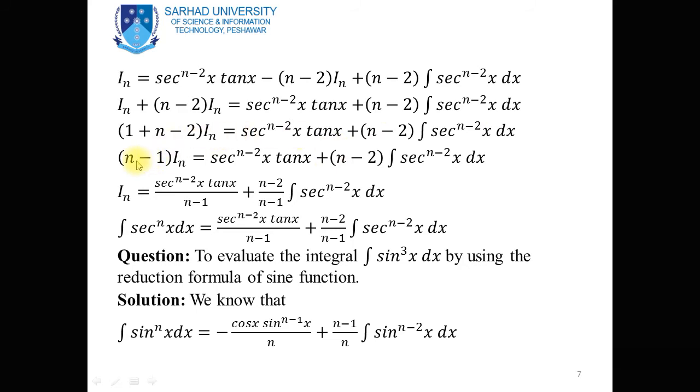So now we have (n-1) into In. Dividing both sides by (n-1), we have In is equal to secant^(n-2) x into tan x divided by (n-1) plus (n-2) divided by (n-1) times the integration of secant^(n-2) x with respect to x. So this is the proof of the result.